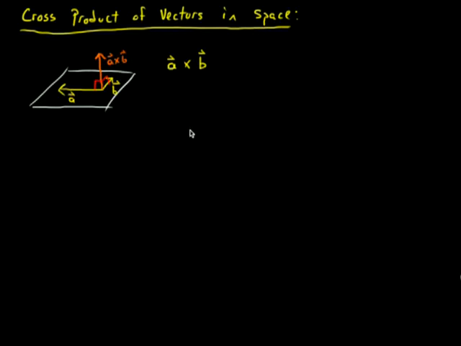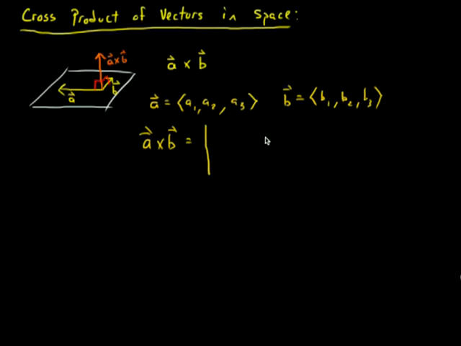All right, and so if I have two vectors, let's say vector A is A1, A2, A3, separated with commas, and vector B is B1, B2, and B3, then the cross product, and this can be defined multiple ways, is going to be the determinant of this 3 by 3 matrix in which I have I, J, and K, which are our unit vectors, as the first row of this matrix.